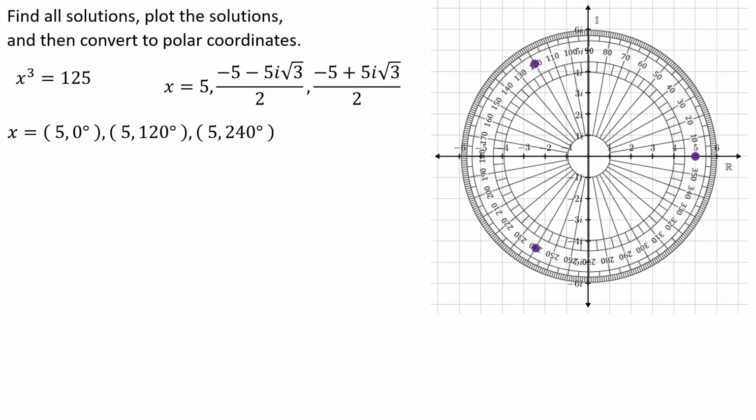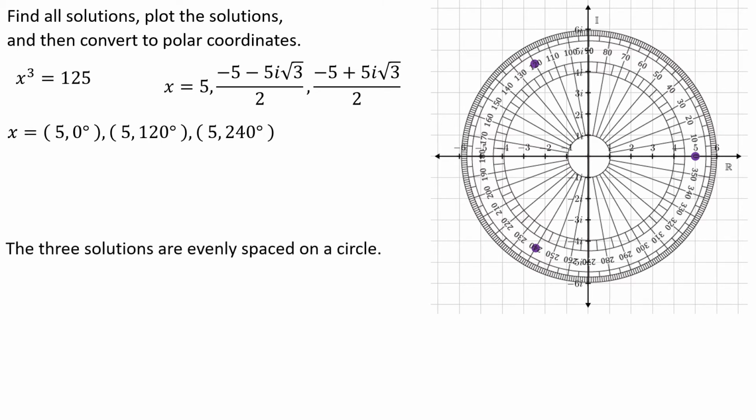Well, you look at that. Those 3 solutions are on a circle. Right? 0 degrees, 120 degrees, 240 degrees. They're equally placed around a circle, every 120 degrees. And they're all the same distance, right? They've got a radius of 5.